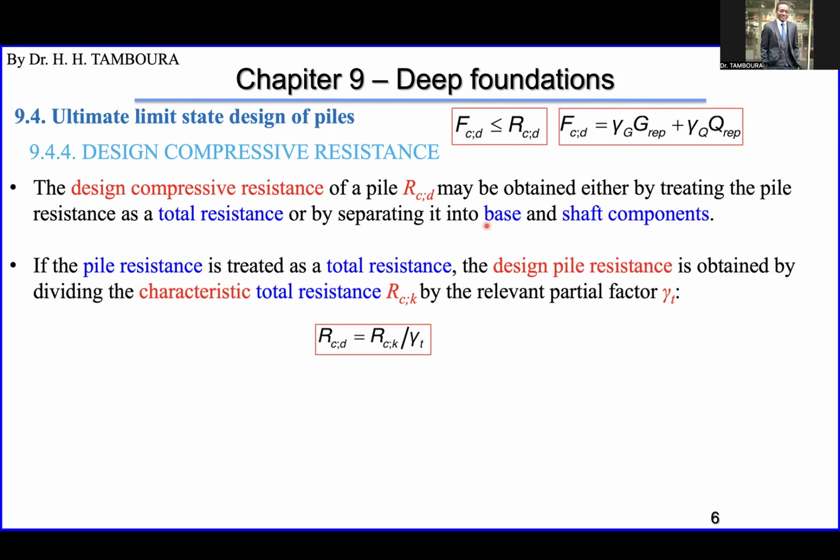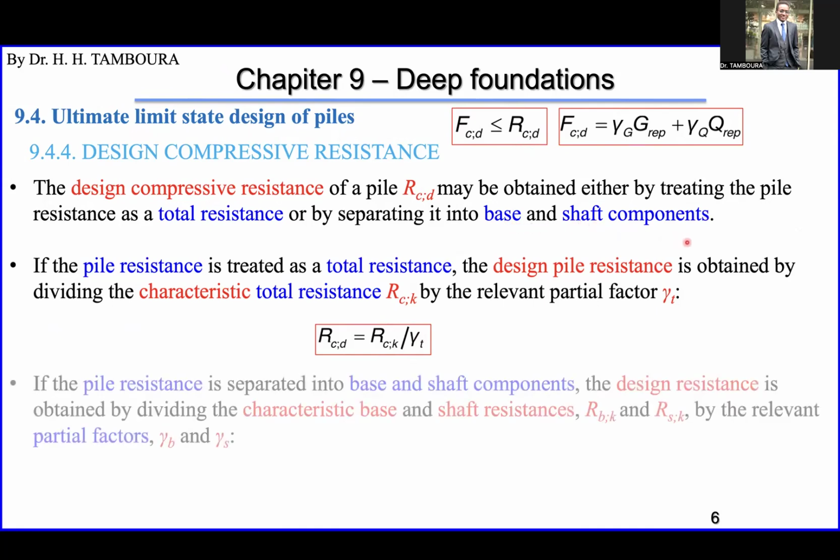Now, if you want to separate base resistance and shaft resistance, you can do so. In that case, you also have to separate the characteristic resistance: characteristic base resistance RBK, B meaning base, and characteristic shaft resistance RSK, S standing for shaft. You divide these by two partial factors, the partial factor for the base resistance and the partial factor for the shaft resistance.